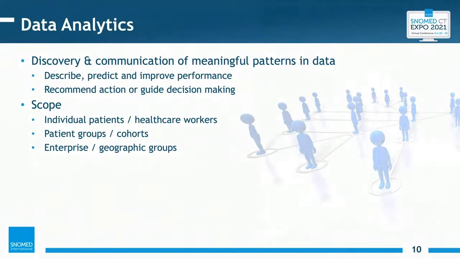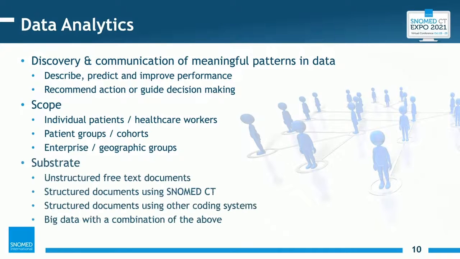And finally, over geographical groups, which might be based on a local area, a town, a region, or a particular country. The substrate is the data being analyzed, and this can range from unstructured free text, such as clinical notes or letters, to structured documents, such as a discharge summary, which might use SNOMED CT or other code systems, or to big data, which can include a combination of both structured and unstructured data.